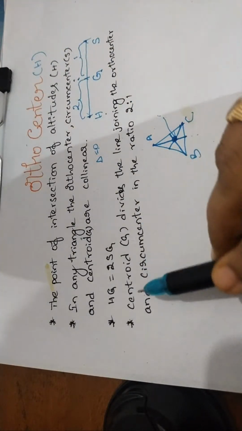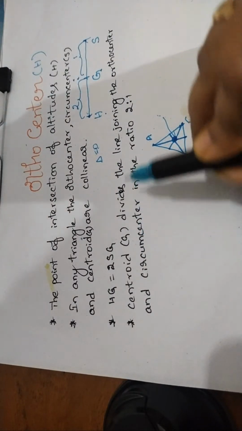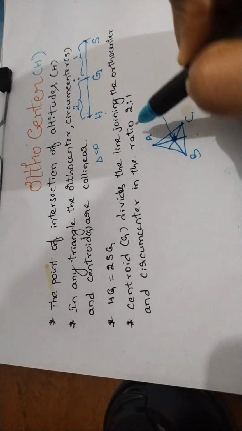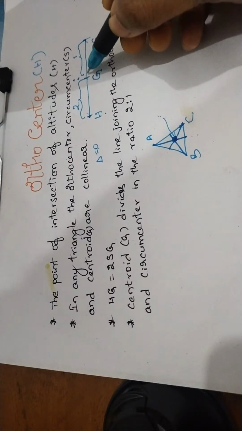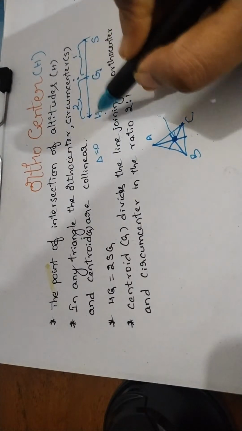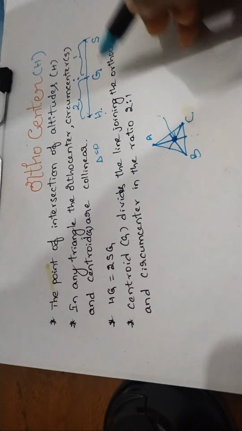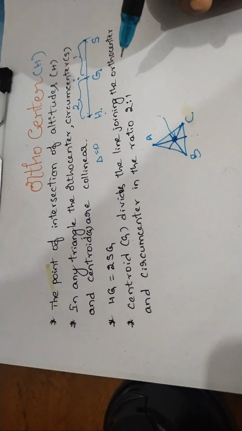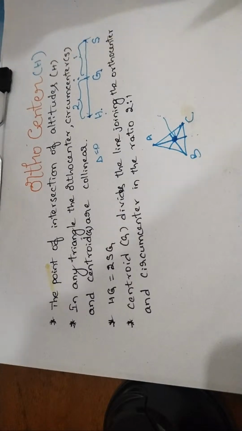Next important point: the centroid divides the line joining the orthocenter and circumcenter in the ratio 2:1. We discussed that also. Now we will solve the problems. I will give the first example.